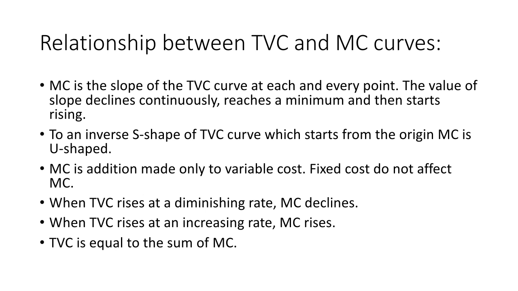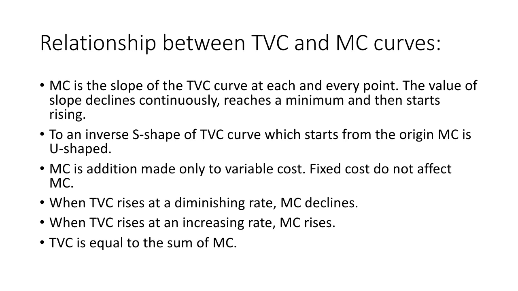Next we will see the relationship between TVC and MC curves. MC is the slope of the TVC curve at each and every point, meaning the sum of MC gives us the TVC. The value of slope declines continuously, then reaches a minimum and then starts rising.